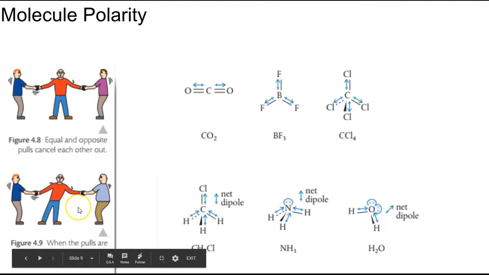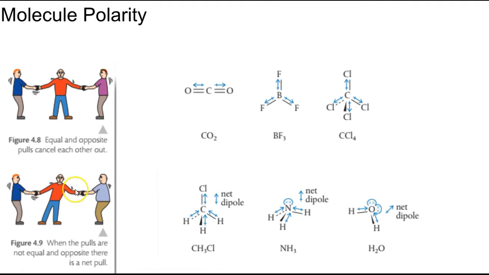Okay. Now this one, there's a little bit of fat shaming here. We've got a fat but stronger dude on this side and a not so fat, scrawnier guy on this side. And this bond is stronger than this bond, and so we have an overall polarity in this molecule. So this does not have symmetry, and therefore we do have a polar molecule here, okay? So skinny and fat people aside, let's take a look at some real molecules.